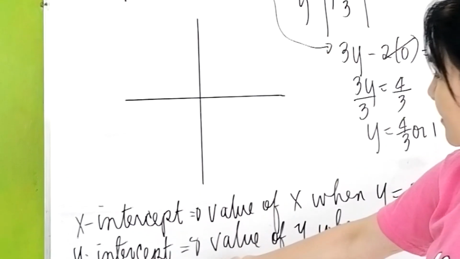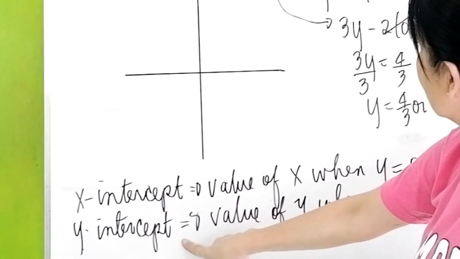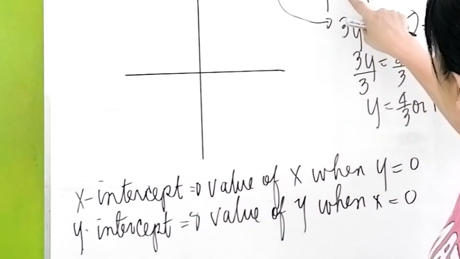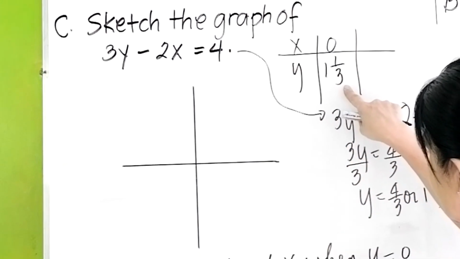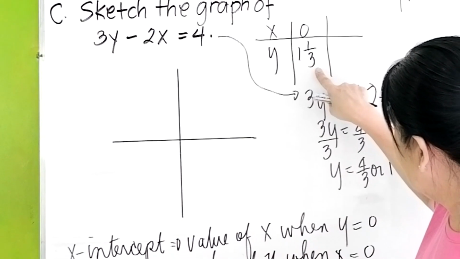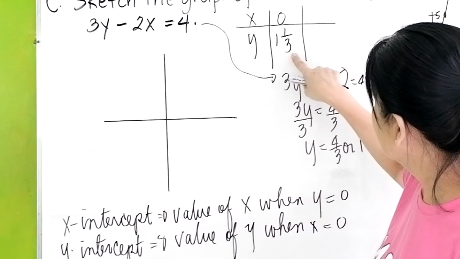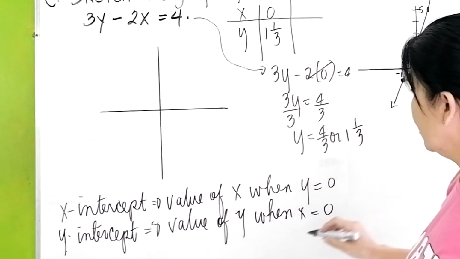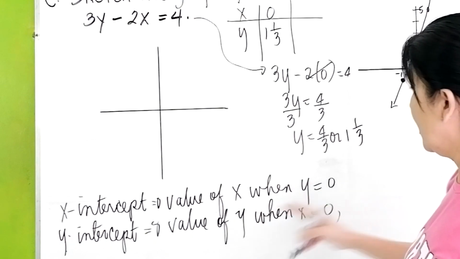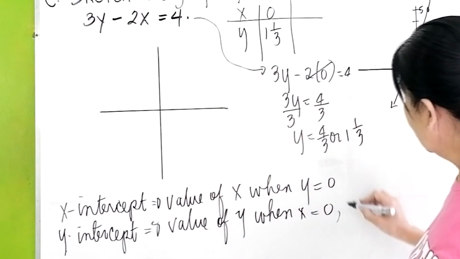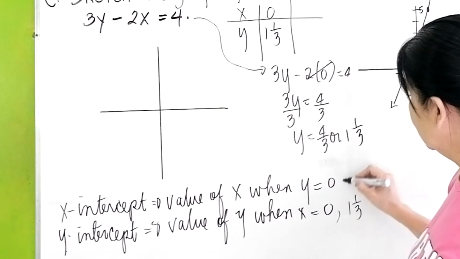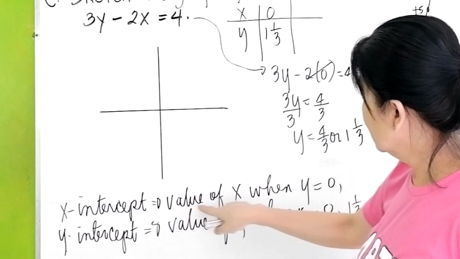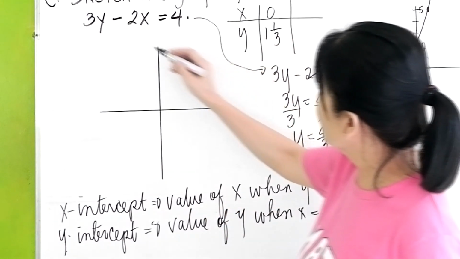Now, for the Y-intercept, this is the Y-intercept, the value of y when x is 0. Right? So your Y-intercept here is now 1 1/3. Now let's move to the next. The value of x when y is 0. Make this 0.